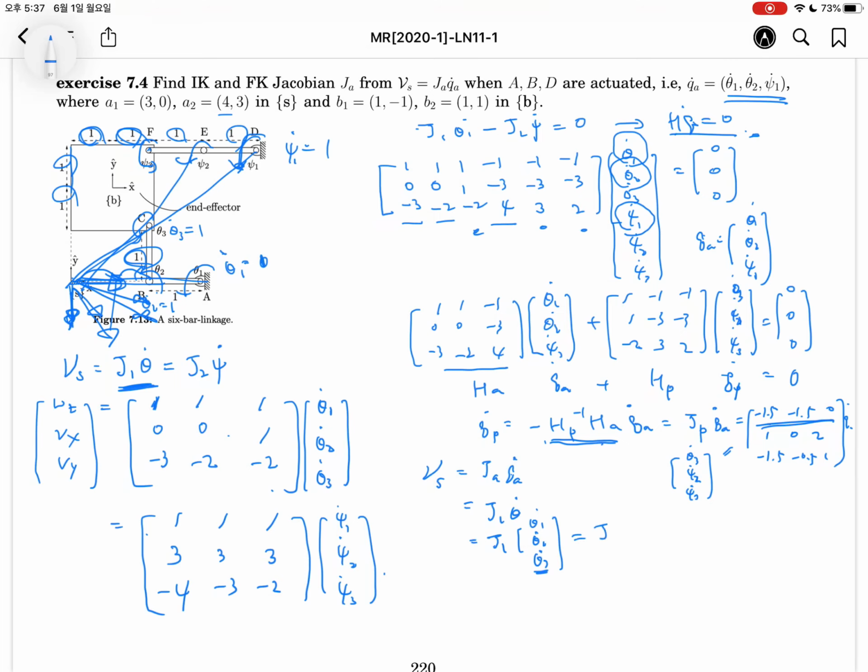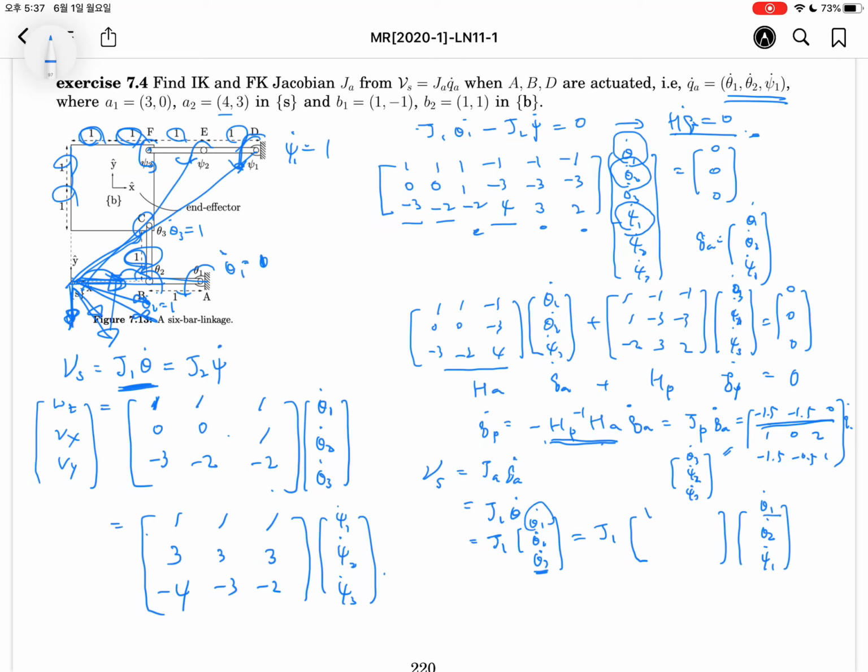So we will make another matrix for J1, where some elements will be changed. Theta 1 dot is the same, theta 2 dot and psi 1 dot.